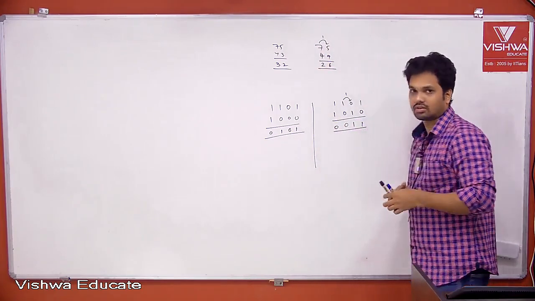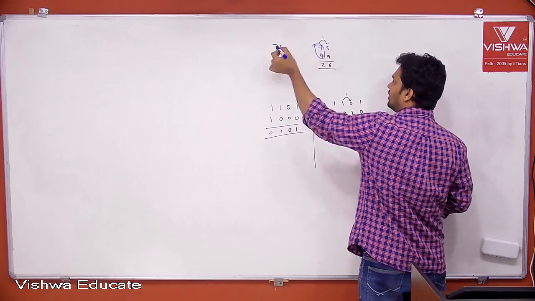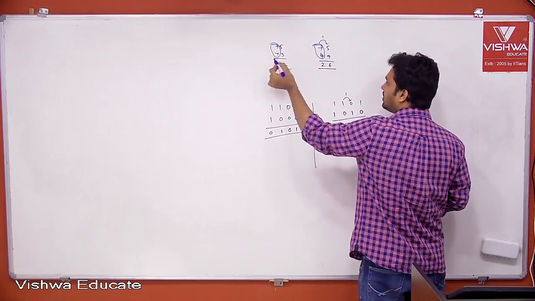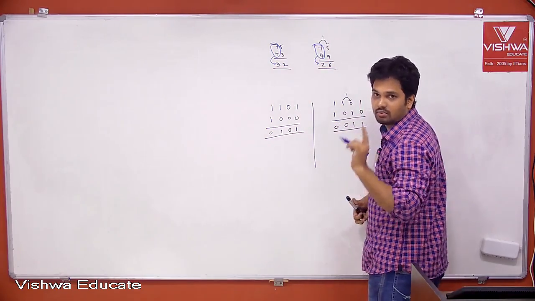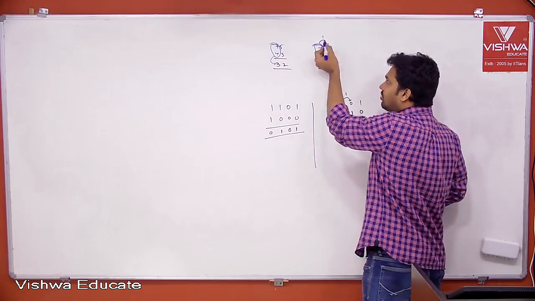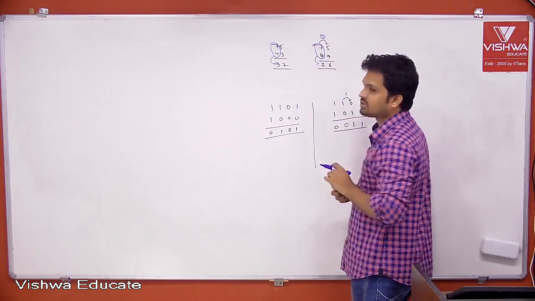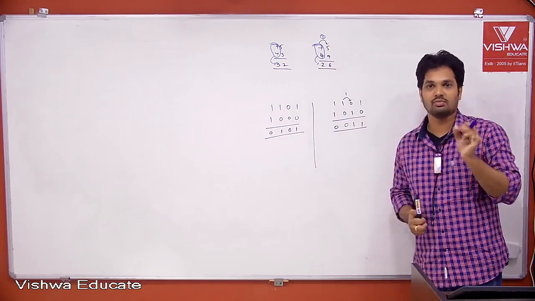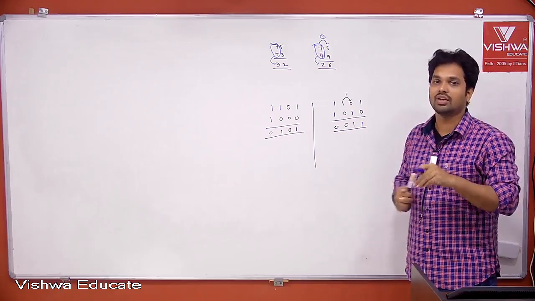You observe here, I am doing 7 minus 4 only in both cases, but my answer is 3 here and 2 here. Why did that difference come? Because I have given 1 borrow here. That should be considered. So whenever we are doing the subtraction, not only the bits A and B, we should also consider the borrow you have given.